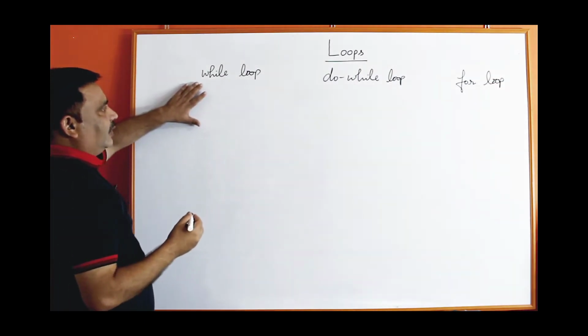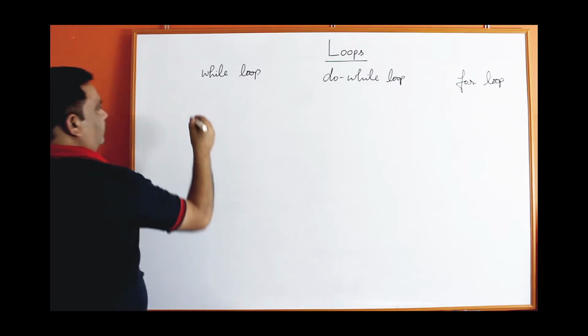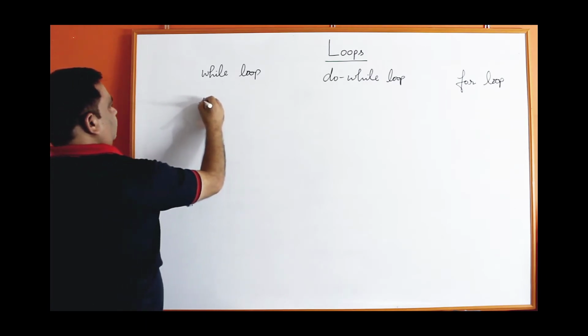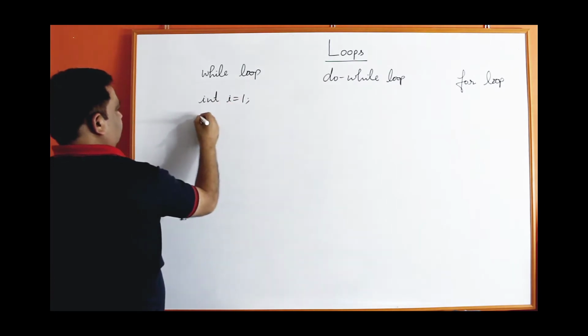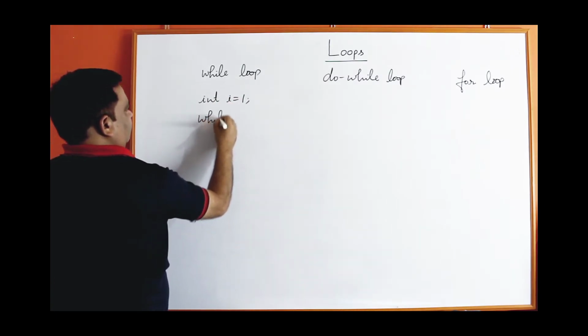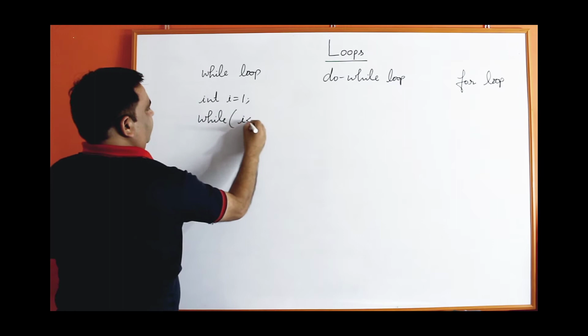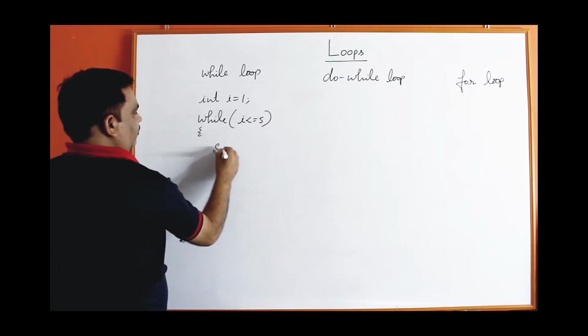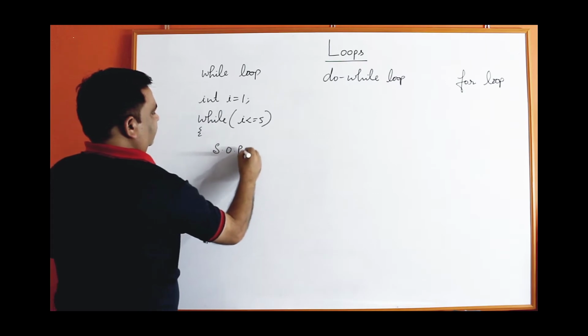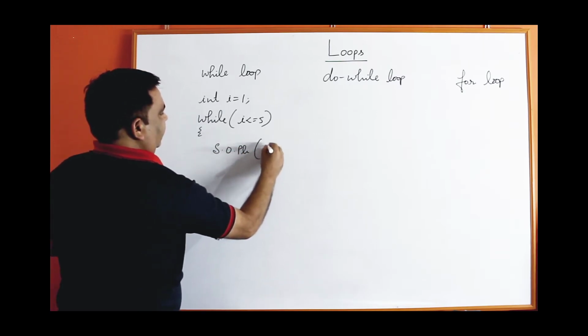Try to understand the working of while loop. While I is less than equal to 5, System.out.println(I).